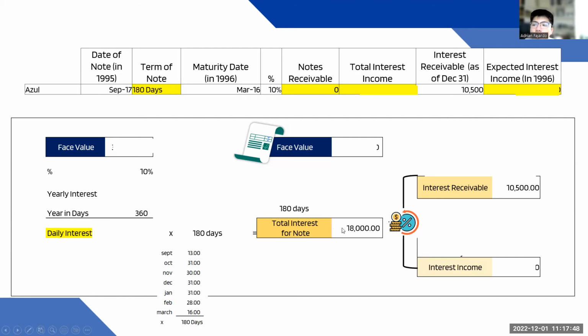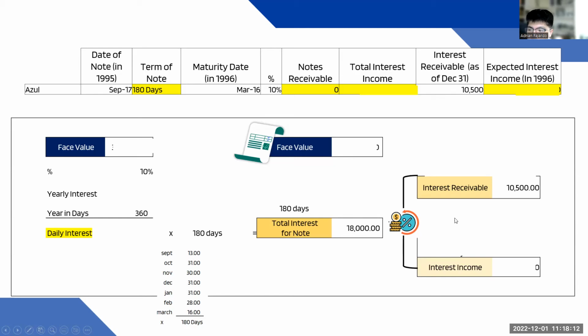Now, if the total interest of the note, sorry. So basically, we start with 10,500, right? How did we arrive with the total interest of the note here, right? So 10,500, how many days till the end of the period, right?